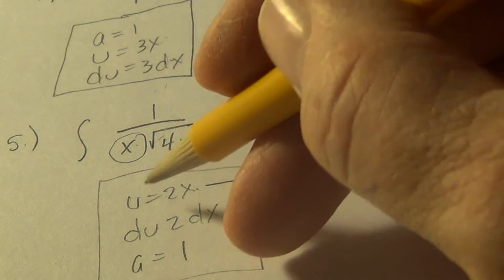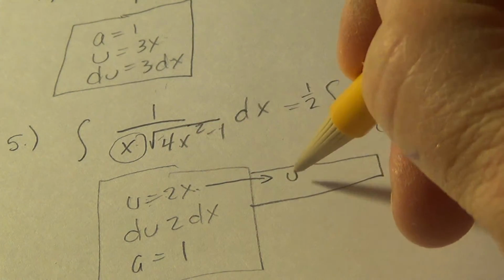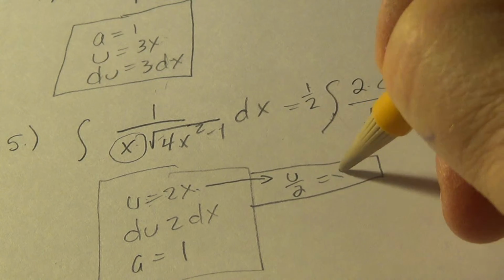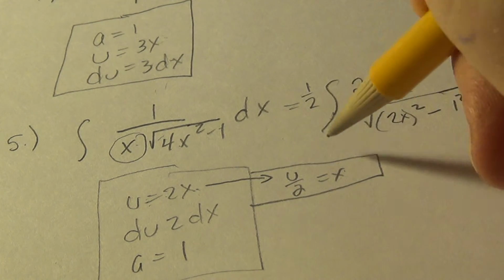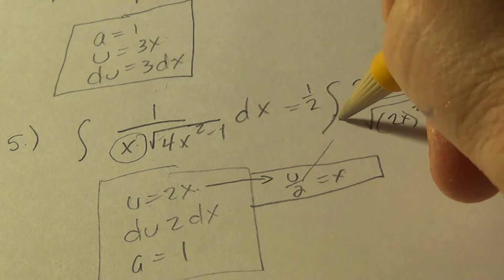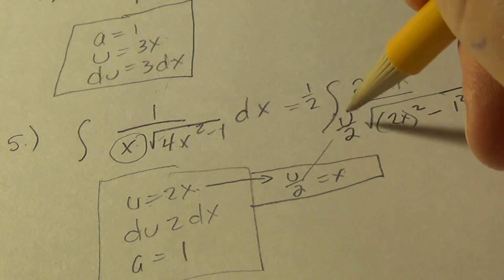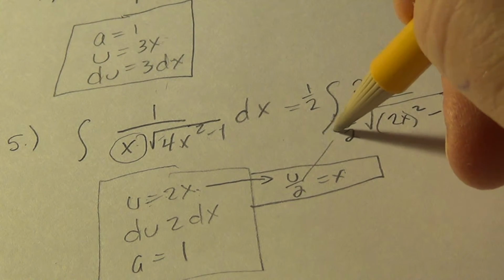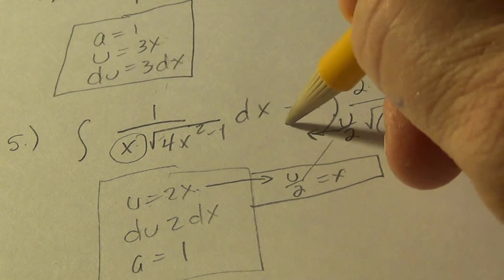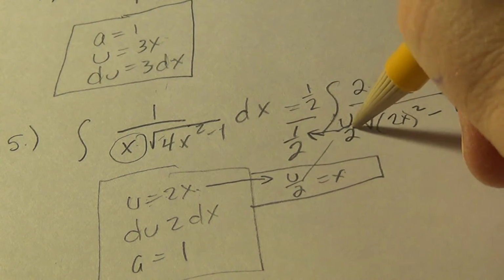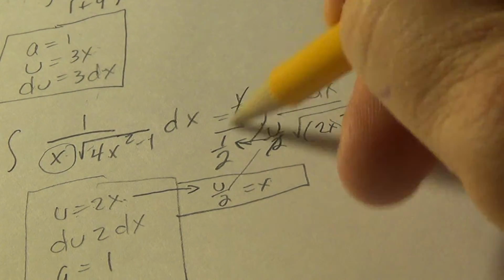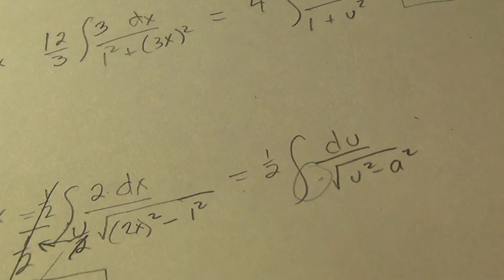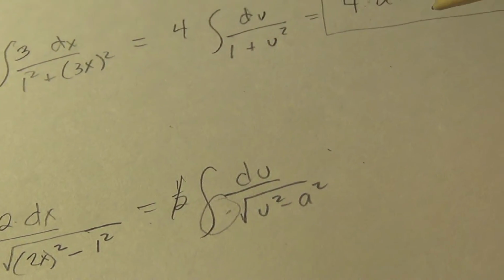And notice if I divide both sides by 2, u over 2 equals x. So that's the substitution I can put in for x, and it's u over 2. That 2 is really a 1/2 in the denominator, so it'll come out as a 1/2. I can just pull it across the integral sign and it will cancel the 1/2 that is out there.